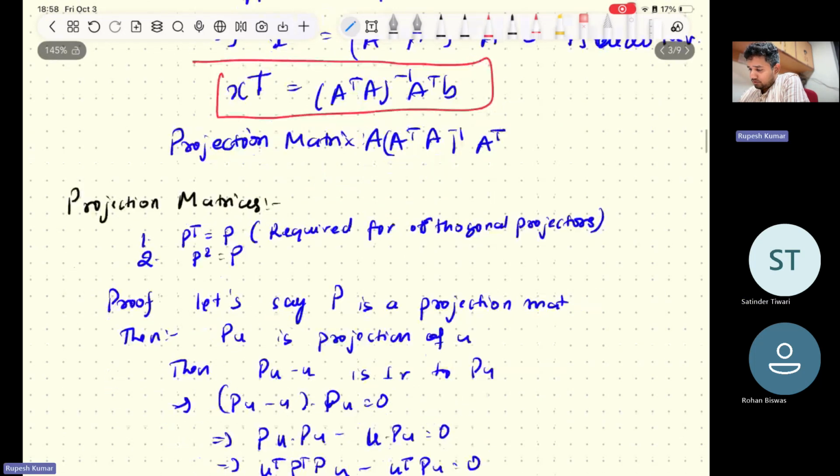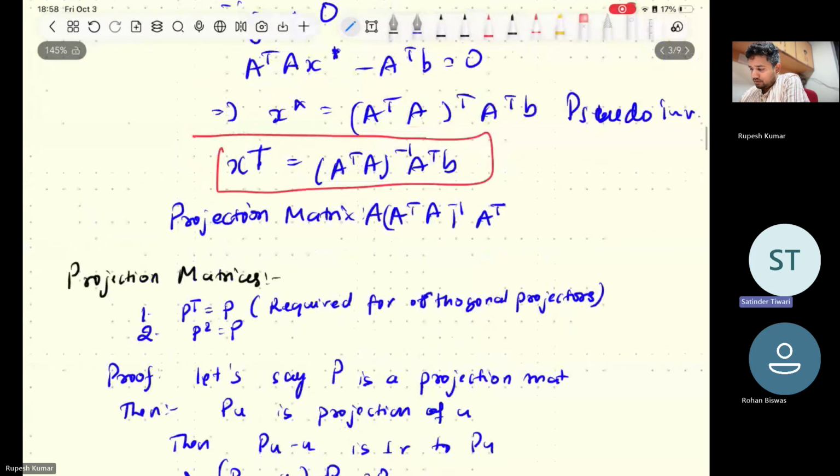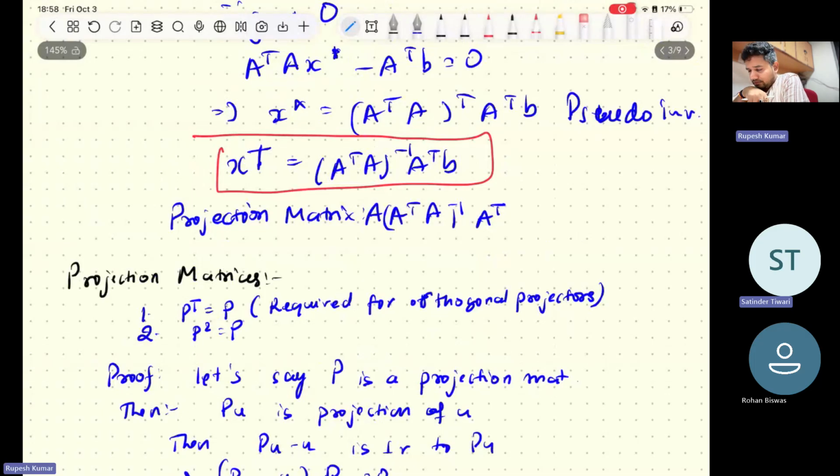Fine. So let's move on. One doubt: when we are finding X dagger, in both the cases, underdetermined or overdetermined, do we have to proceed in this way only, whether it is a tall matrix or a wide matrix?